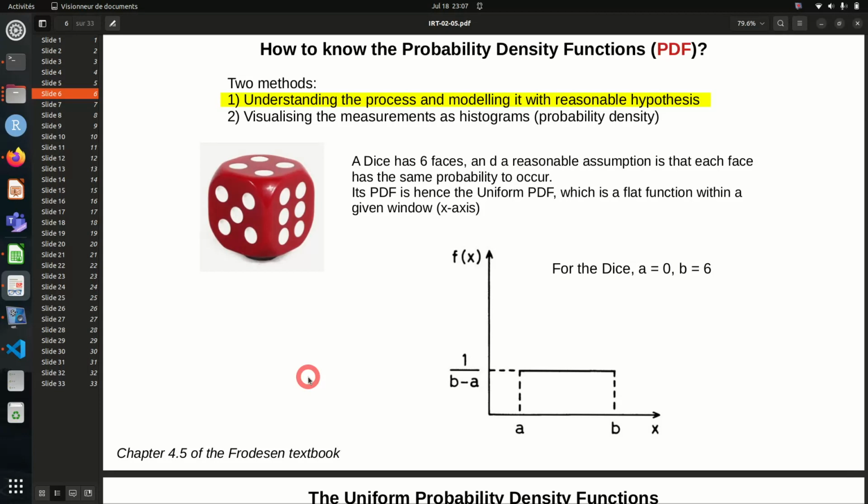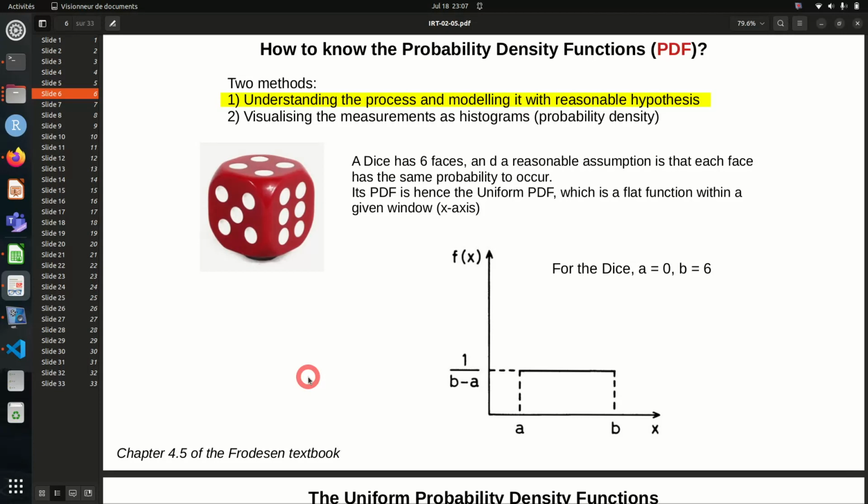So I hope I managed to convince you that knowing these probability density functions is one of the main goals of statistics. Not the goals, there are many interests. You remember surely that statistics is a toolkit, different tools, so different purposes.